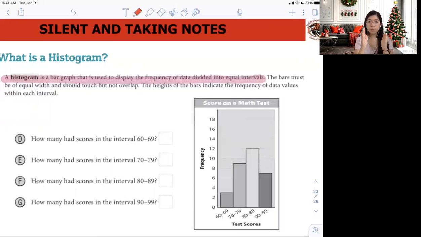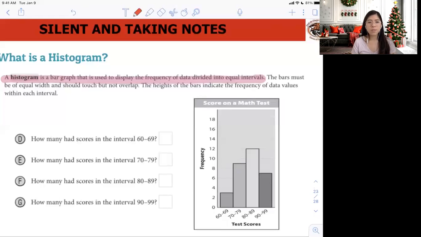Notice that each of those intervals is even. Each interval is 10 values: 60, 61, 62, 63, 64, 65, 66, 67, 68, 69, 10 values. So it's dividing it very evenly and then measuring how many students fit into each bucket.